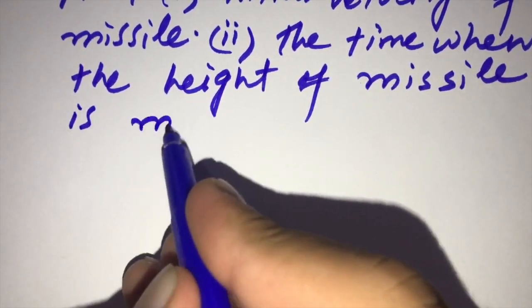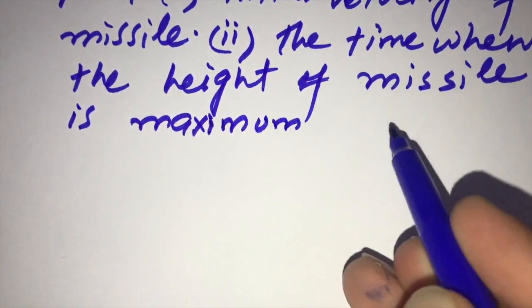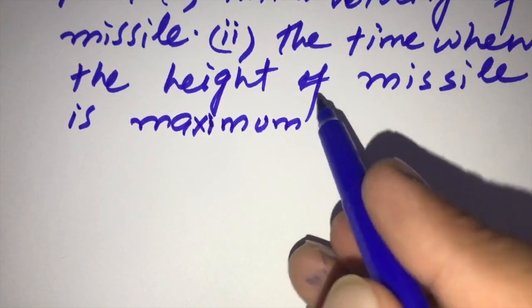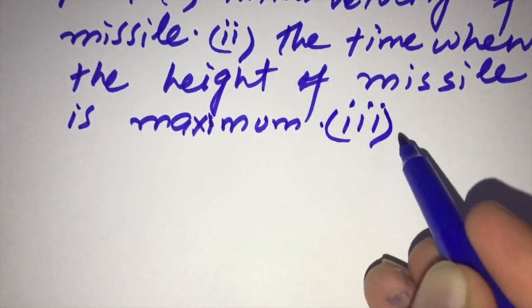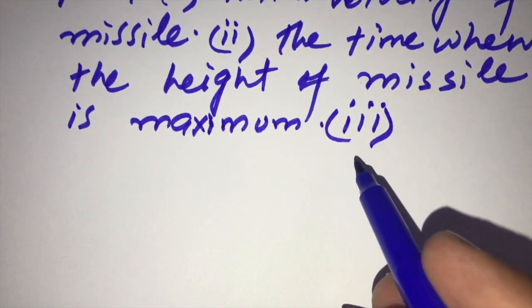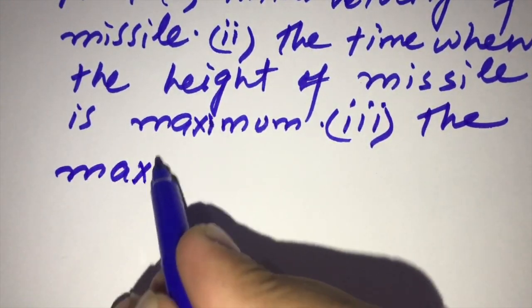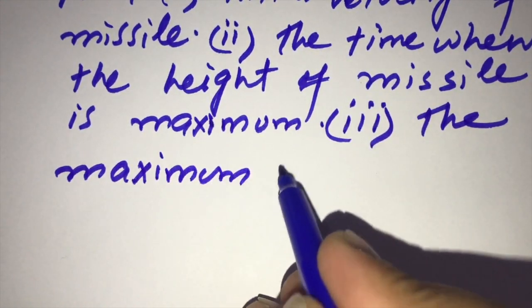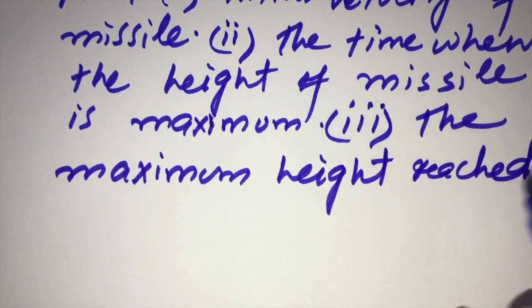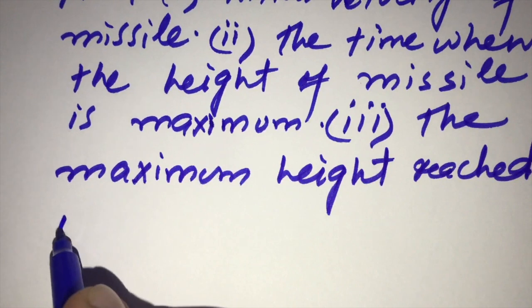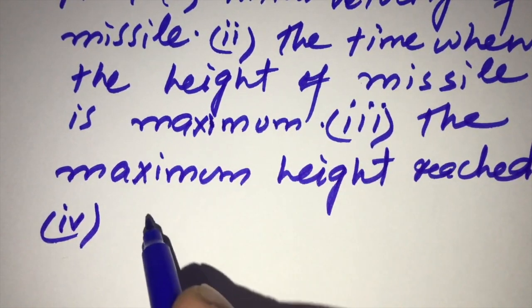And the third one is the maximum height reached. And the fourth one is the velocity with which the missile strikes the ground.